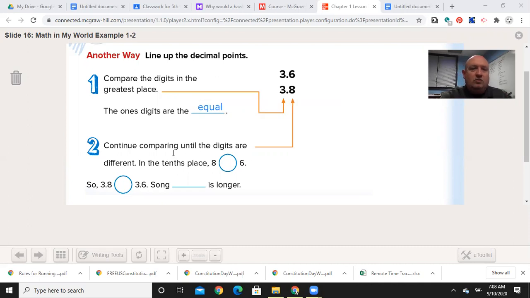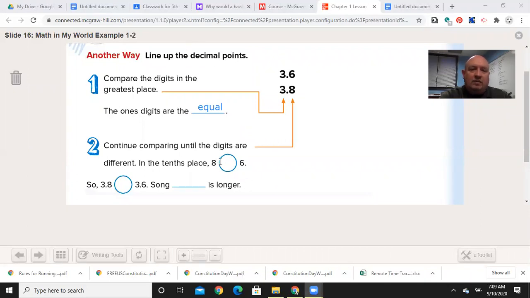So then we continue comparing until the digits are different, which in this case is one spot to the right in the tenths place. Notice there's a decimal point there, so we went from ones to tenths. And the value of a digit in the tenths place is 1/10 as much as that same digit in the ones place. So now, how does 8 compare to 6?